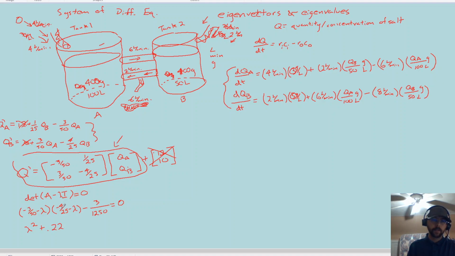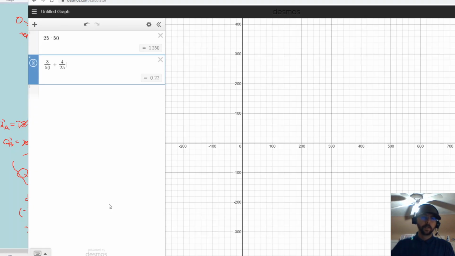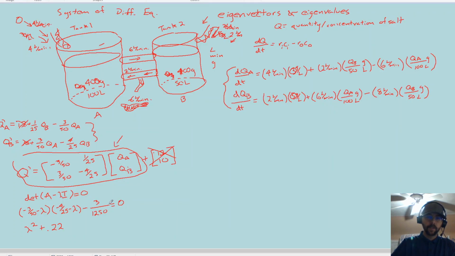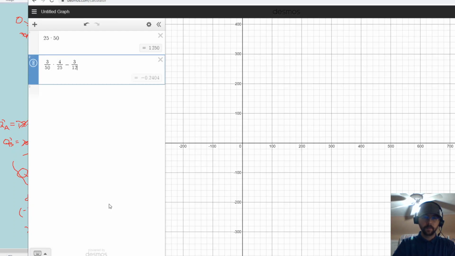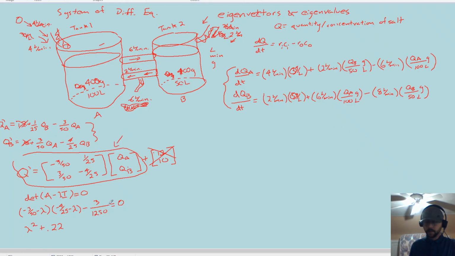Then now we have 4 over 25 times 3 over 50 minus that, minus 3 over 1250. 3 divided by 1250 is 0.0072.